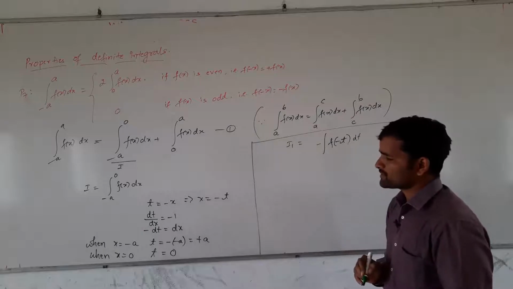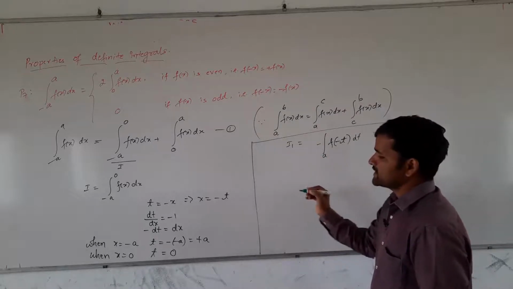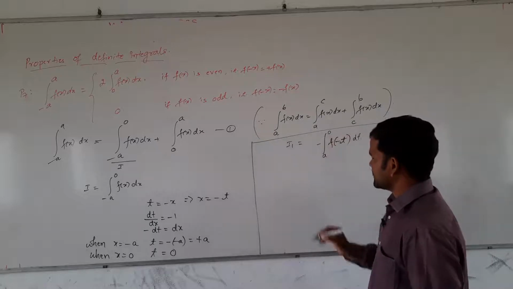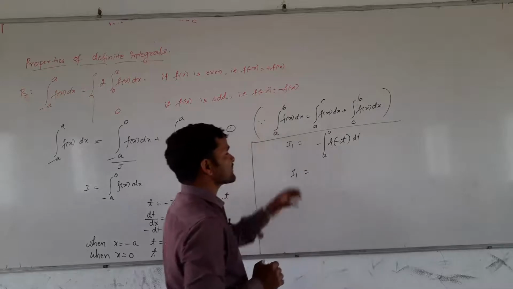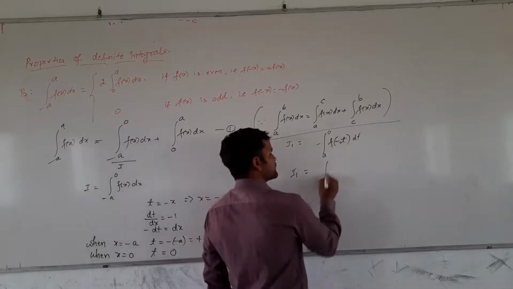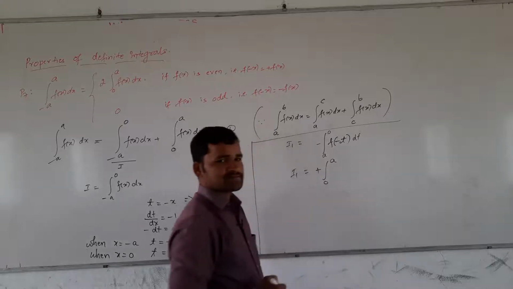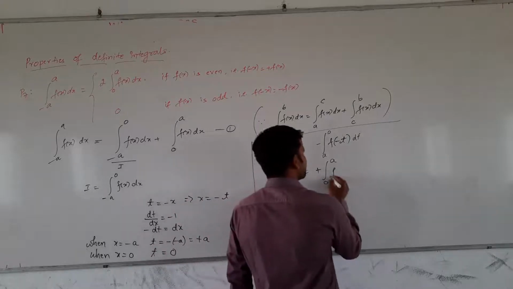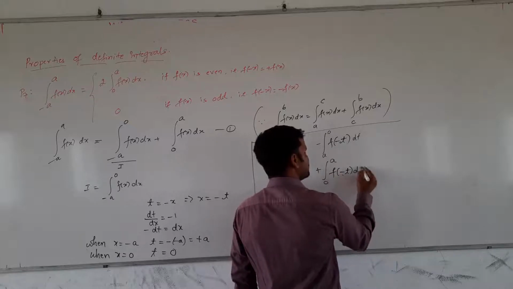Now what happens to the upper limit and lower limit? Minus a becomes plus a, 0 is 0 only again. Now I is equal to, if I interchange the upper limit and lower limit, the integral sign changes, minus becomes plus. This is f of minus t into dt.